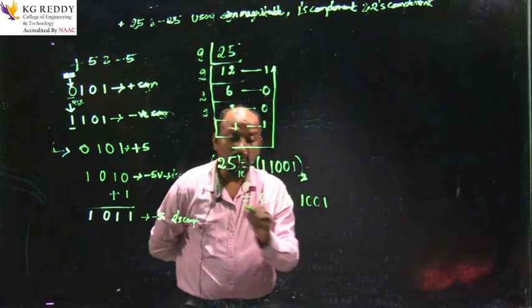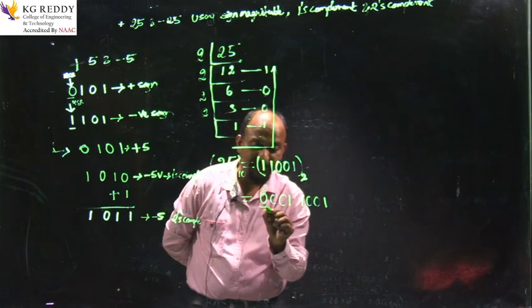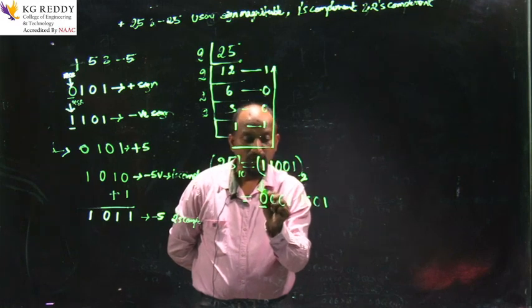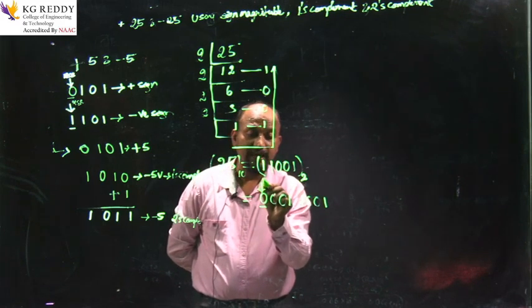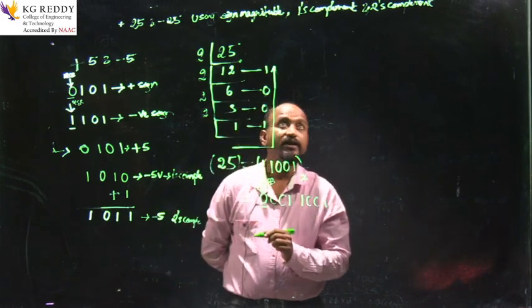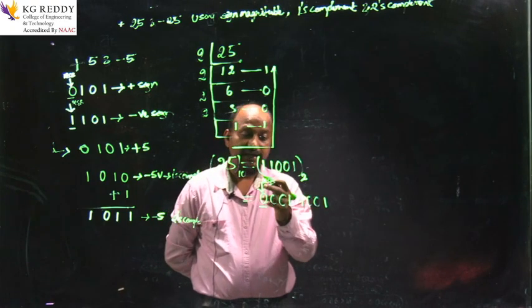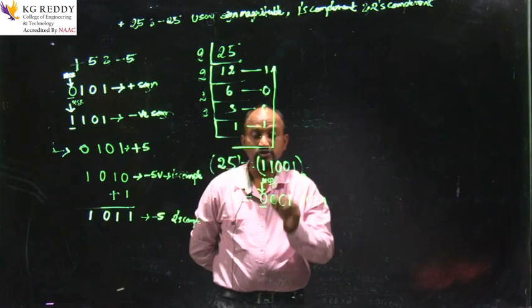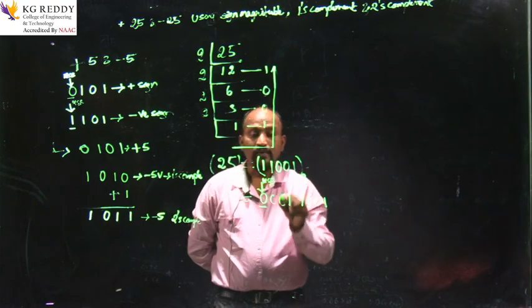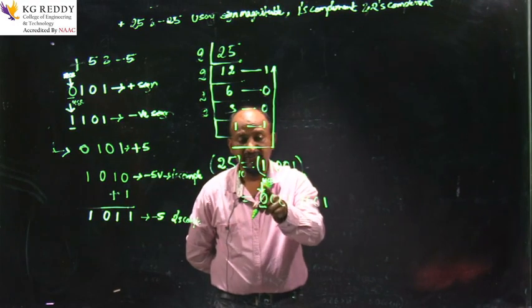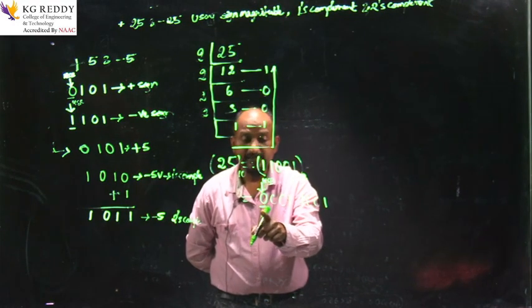As I told you in the beginning, this most significant bit is specifically assigned only for sign magnitude. If the MSB is 0, that indicates plus 25. 0 means a positive value.